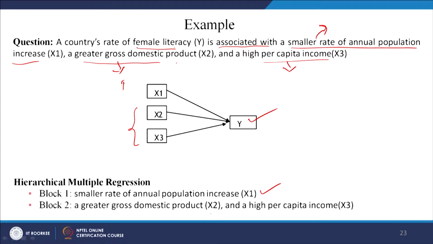So, this is block 1 and this I have taken as block 2, right, and I want to see whether my logic comes true or not. Can I create a model which is more appropriate and more powerful and explains my regression in a better way, right.